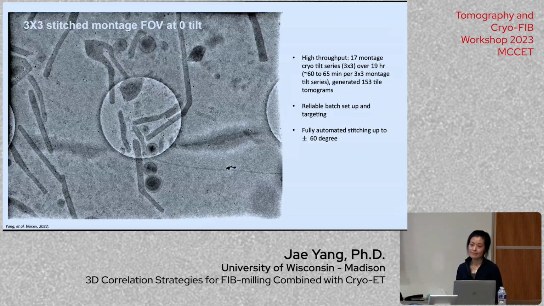Hi, Jay. Lovely talk. So for this one, when you do subtomogram averaging on this montage tomogram, do you extract subtomograms from the tile tomograms, or from the whole big montage tomogram? So actually for this application, it's from the tile tilt series, because first we wanted to see that the ROI is preserved in the tile tomograms.